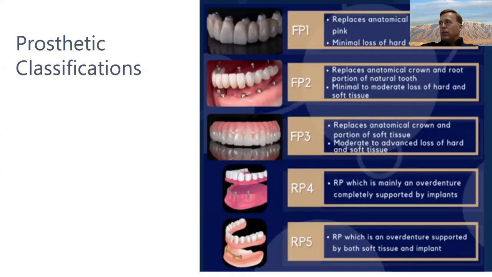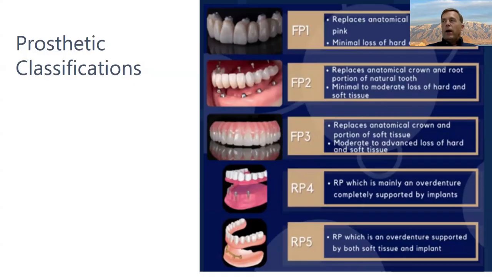Oftentimes, they require some alveoplasty. They can usually be restored with the least number of implants, and you don't really have to worry about the transition lines showing. As I said, they're probably the most popular right now, but they might be trending a little less popular, let's say.